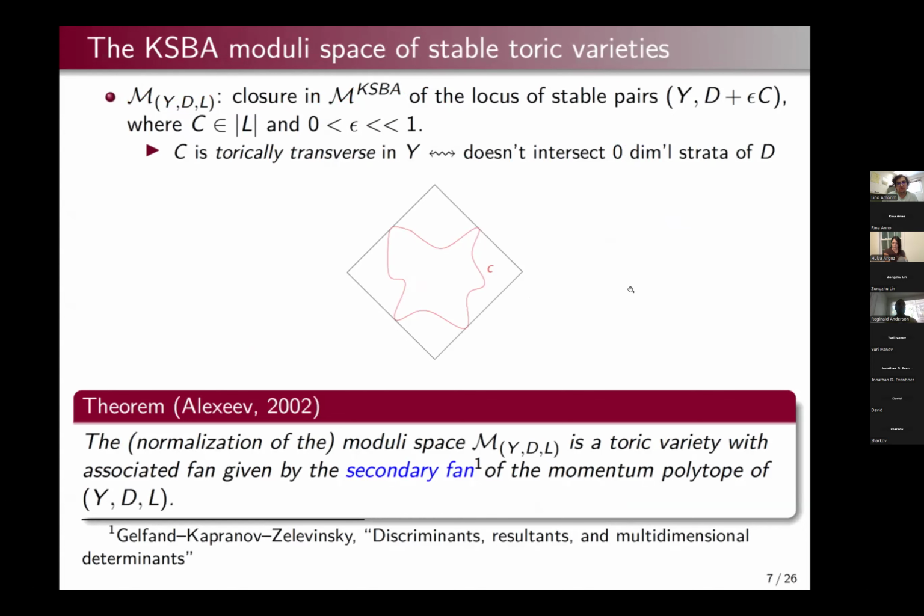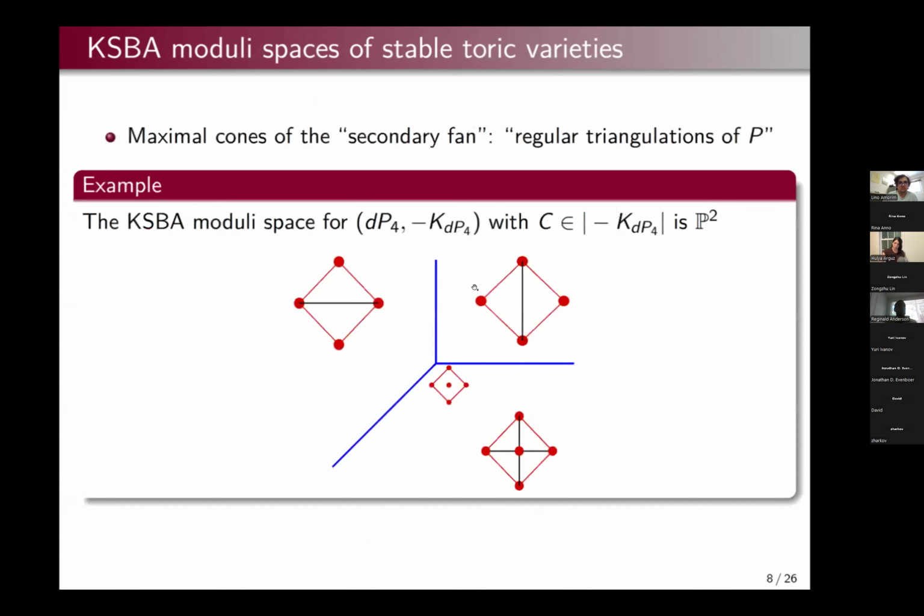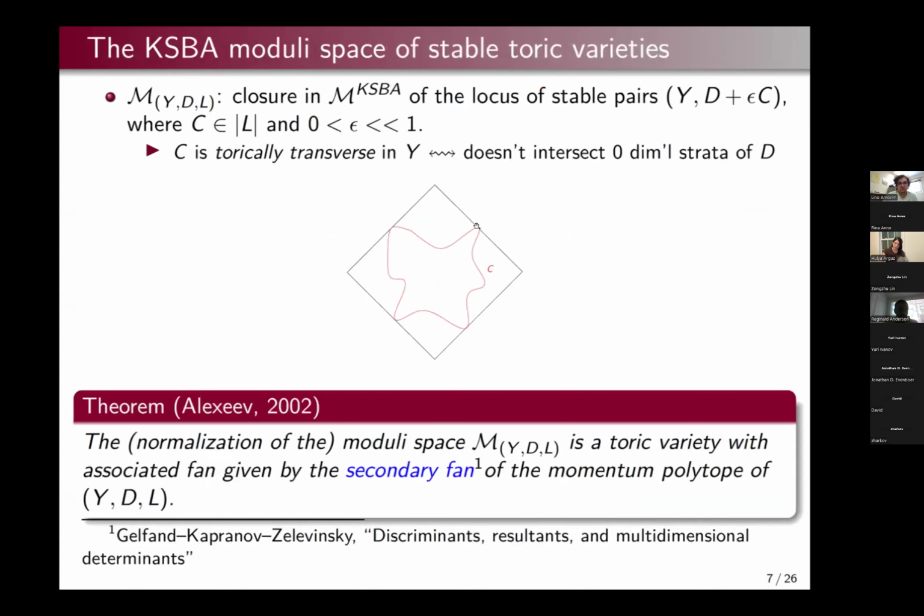That made sense. And then on slide 9, there was a way to write them down if we just have non-zero coefficients on the monomials over the lattice points. Right. These will all give torically transverse divisors. So I'm taking the toric monomials here, to ensure you get an element in the linear system of your ample line bundle L. And indeed, once you have non-zero coefficients here, you ensure that you're intersecting somewhere in the interior of the toric boundary.